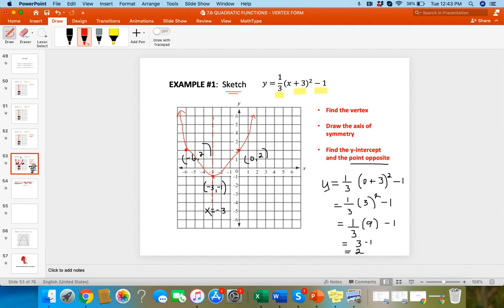So y is greater than or equal to -1. We could also write it with interval notation, and we would put a square bracket. I'll write this one down so you can see it. You'd write -1, and it would go on forever and ever. And that, by the way, is what the range would be in interval notation.